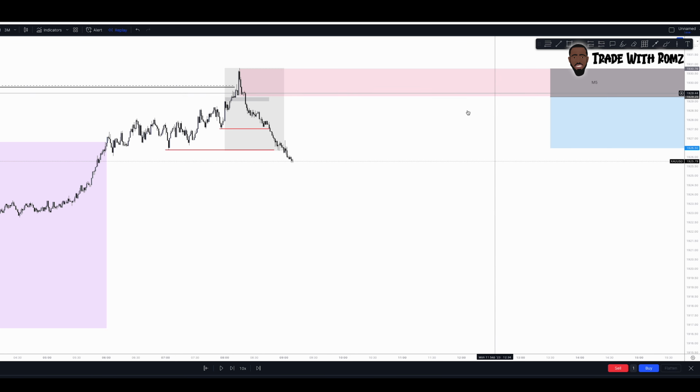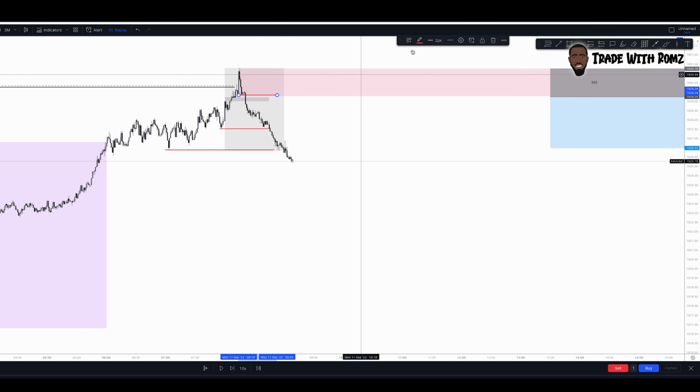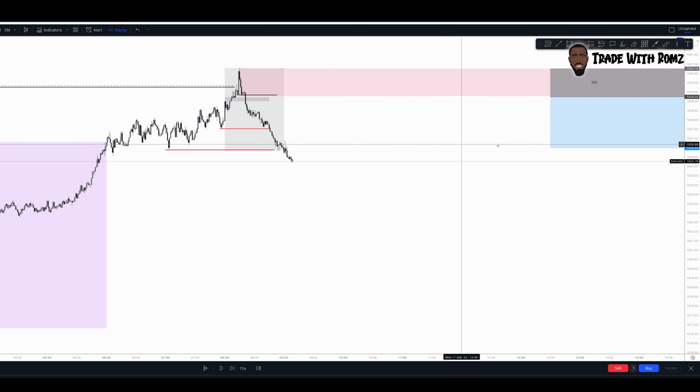That's why I like to take my entries. And on this occasion, it was here, right? It was this low. Make it clear for you guys. It was this low. That was the final push up on the M1, and that met perfectly with the M5, right? So I was like, okay, I'm happy with that entry.